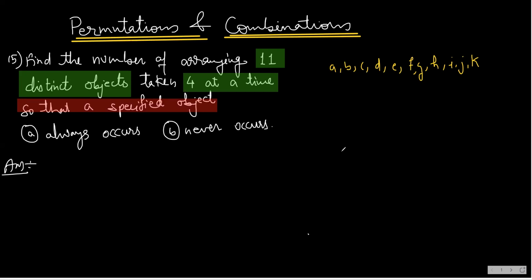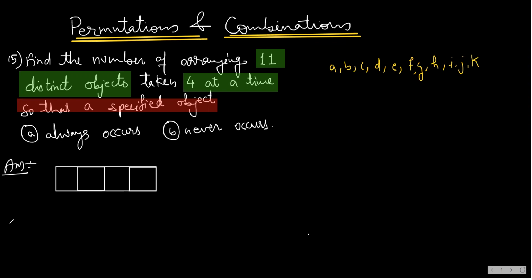But which 4 objects are you taking? Remember that in those 4 objects, one object is always a specified object. That is, one object remains always the same because it always occurs.